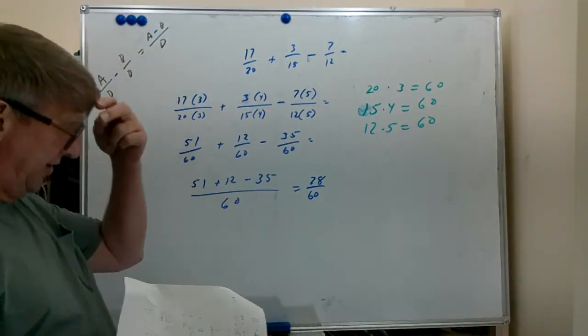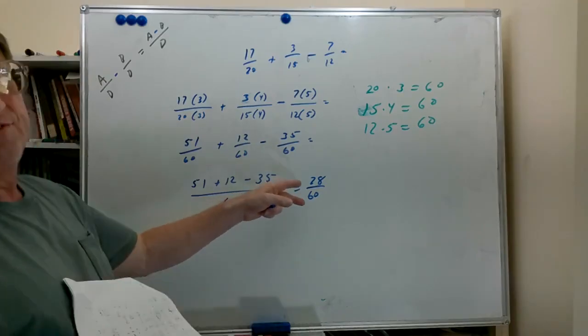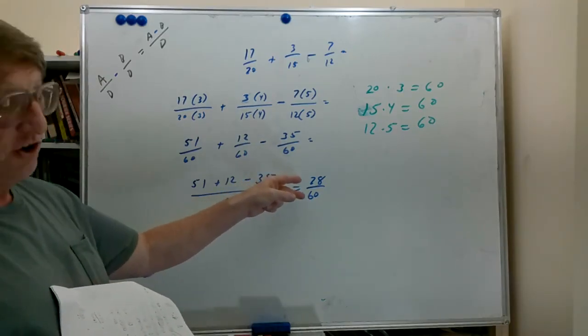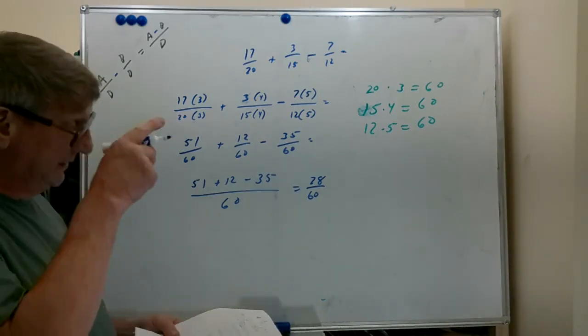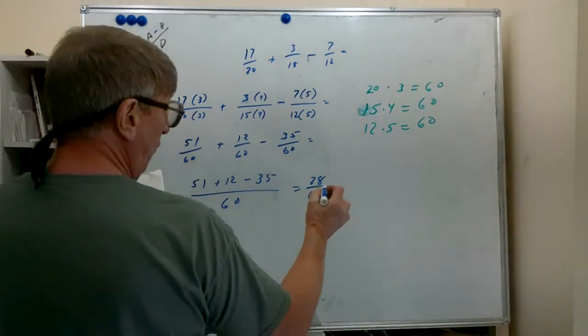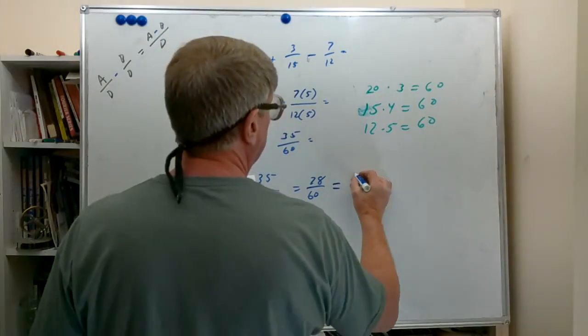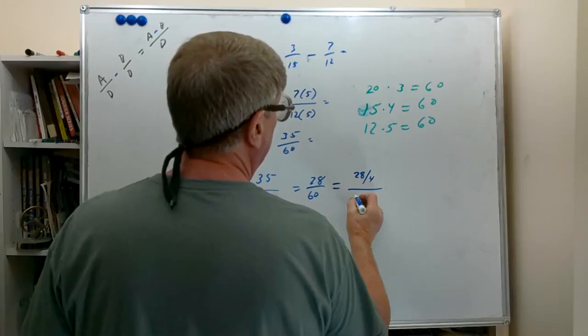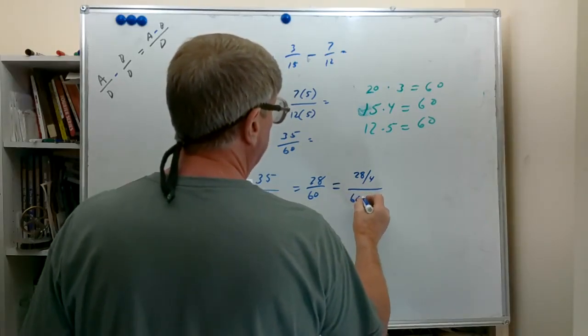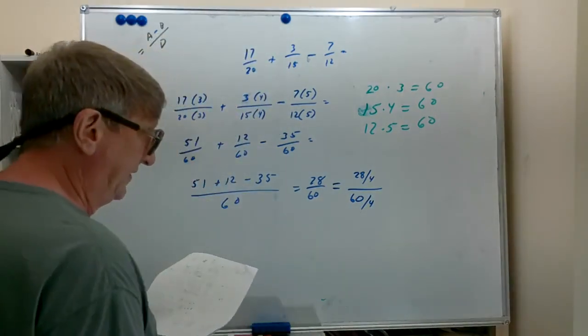Obviously this is not in least terms because they're both even numbers. We know they have a factor of at least 2, but actually they're both divisible by 4. So we're going to divide the numerator, 28, by 4, the common factor, and we're going to divide the denominator, 60, by 4, the common factor.